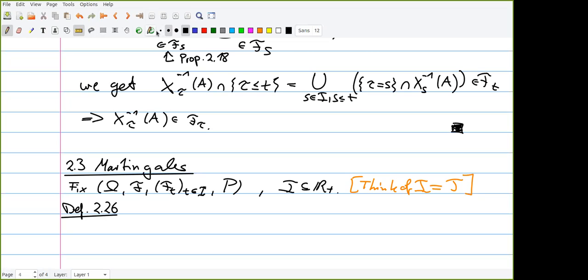What do we want to consider? We talk about stochastic processes, so martingales are stochastic processes. So consider here a stochastic process X indexed by I. At least in this course, we always consider real valued processes.